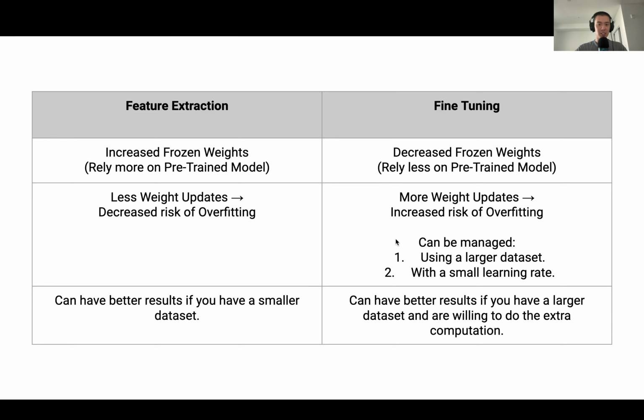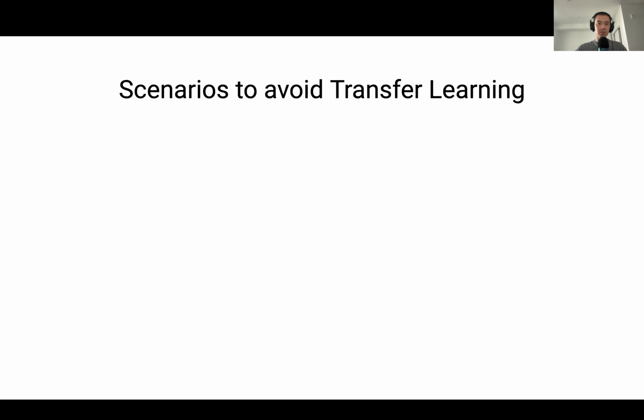This can be managed using a larger data set, and number two, with a small learning rate. Focus on the last part here. Essentially, for feature extraction, can have better results if you have a smaller data set, whereas for fine tuning, can have better results if you have a larger data set and are willing to do the extra computation.